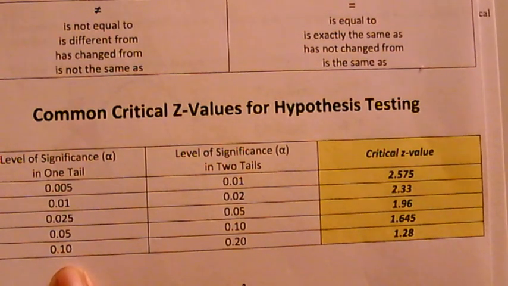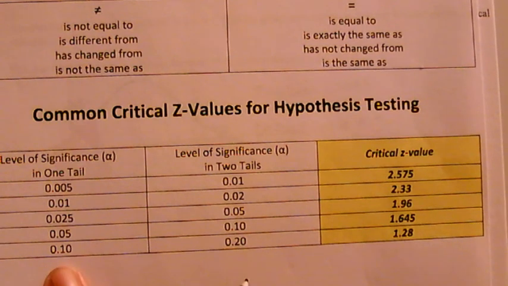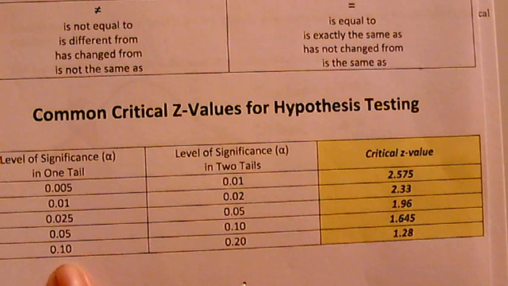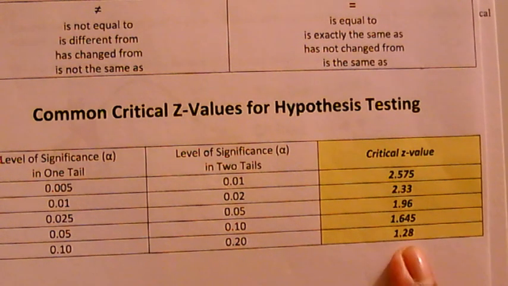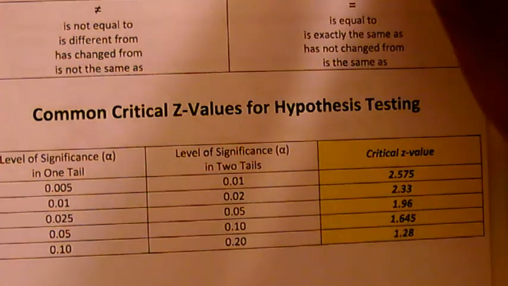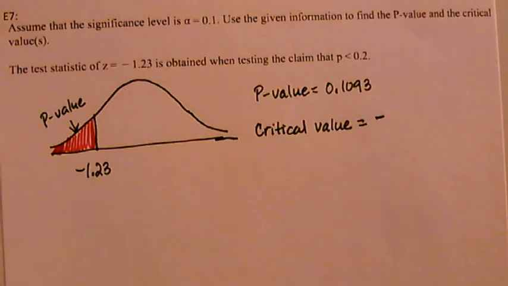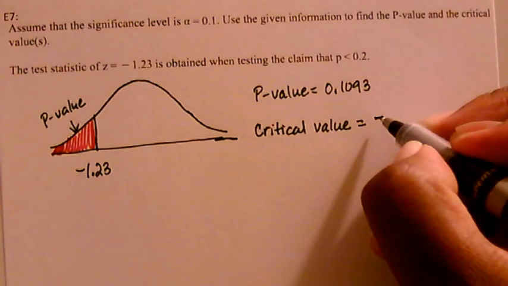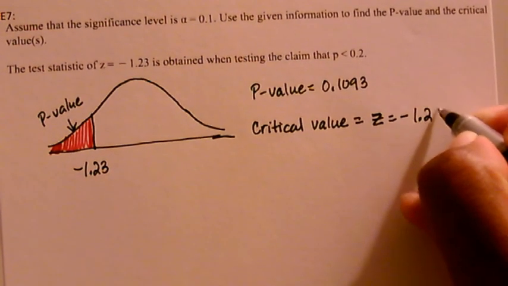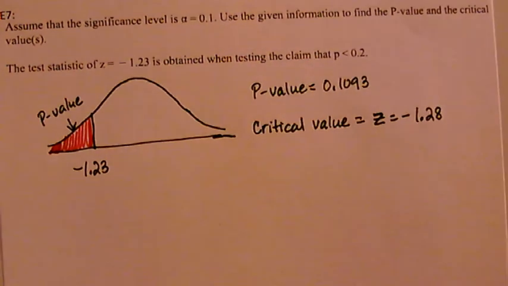That alpha is 0.1 and it's in one tail, so we look under here for the level of significance in one tail, which is 0.10. Read that number off to the right. That critical value is 1.28. So in this case here, your critical value is z equal to negative 1.28. Why is it negative? Because it's a left tail test.